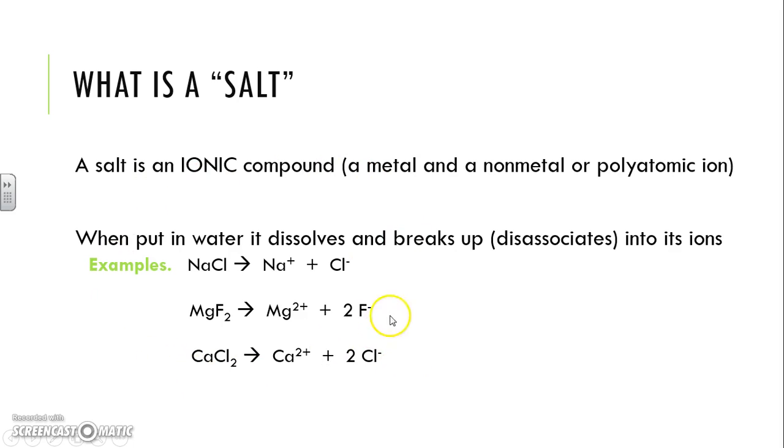So all three of these are examples of salts, and there are many other examples, obviously, that are not shown here. So if I say it forms a salt, I'm not necessarily talking about table salt, sodium chloride. I'm talking about anything that has a metal and a nonmetal, or a metal and a polyatomic ion.